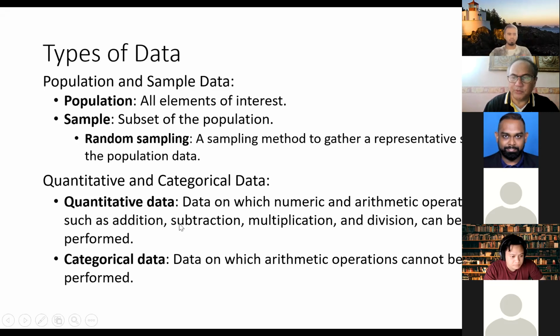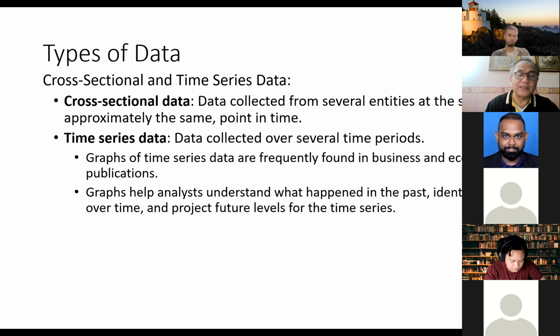And then, like we discussed before the break, there are two types of data: categorical data and numerical data. Numerical data are quantitative data, on which we can do arithmetic operations, with ratio and interval. And categorical data, we don't do arithmetic operations on. They are distinctive data.